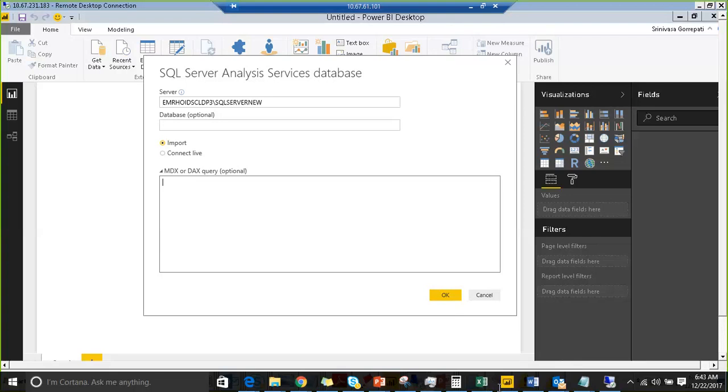They allow my IPs. Your IP means it is not your machine IP, it is your remote machine IP, right? In your remote machine, you keep your SSAS server. You don't request anything extra, right? Understood? Yeah, I understood.